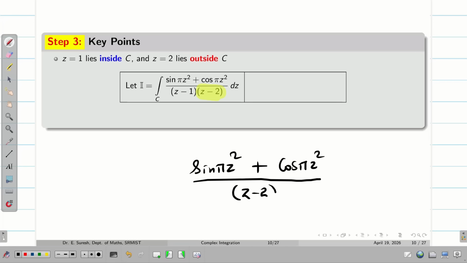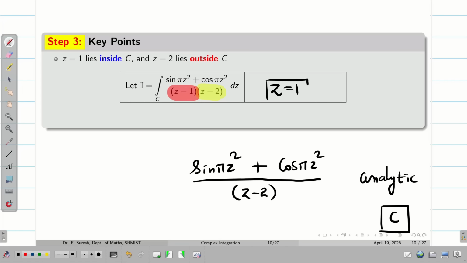So I can say sin pi z square plus cos pi z square divided by z minus 2 is analytic inside and on the curve capital C. But I cannot take z minus 1 because the singular point z equal to 1 lies inside C. If you substitute z equal to 1 here, then it is not analytic.